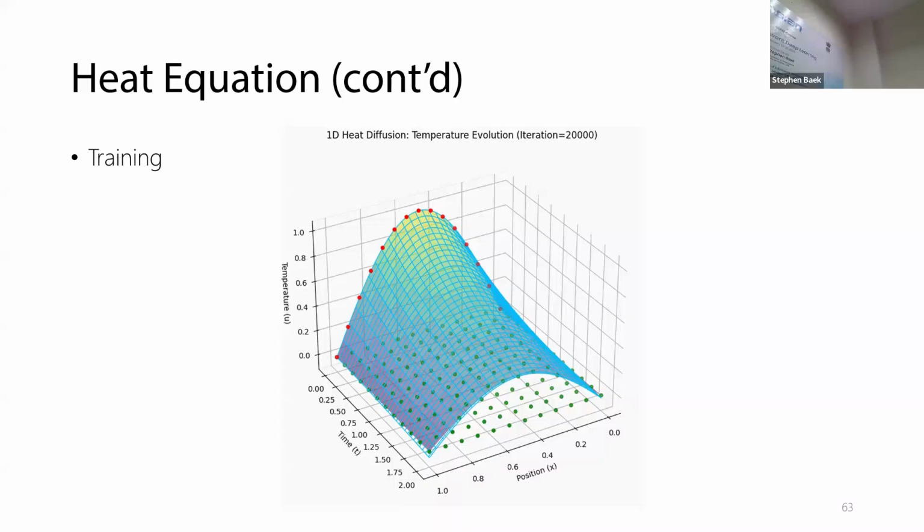During training, the data loss term and the physics informed loss term produce gradients that are in opposite directions. The data loss term suggests that the model should be changed in this direction, whereas the physics informed loss suggests that the model should be updated in the other direction. And those directions can conflict.